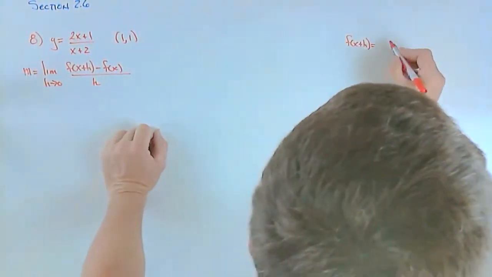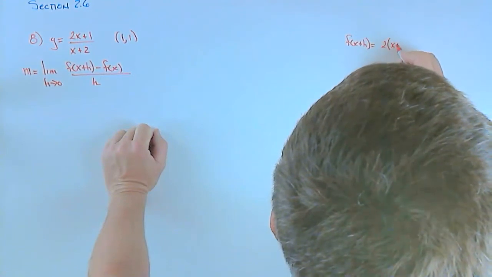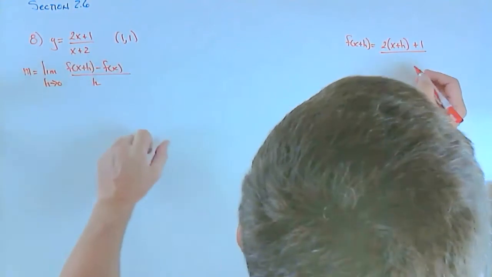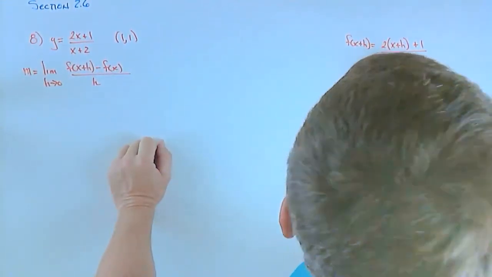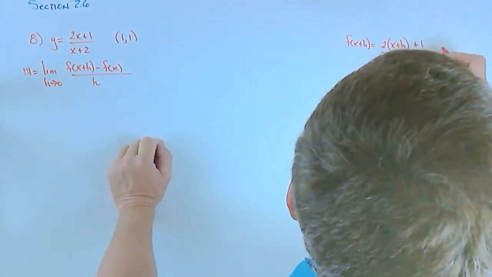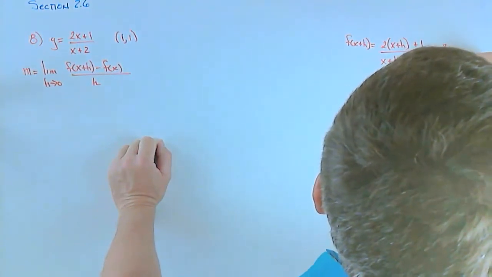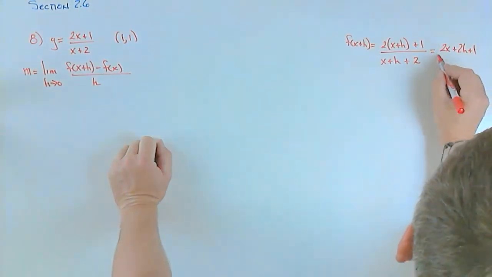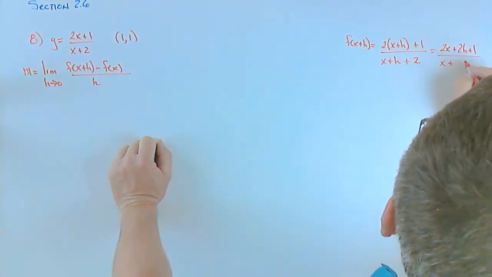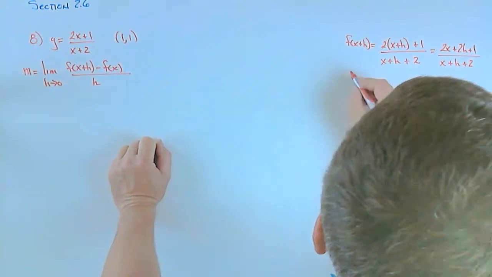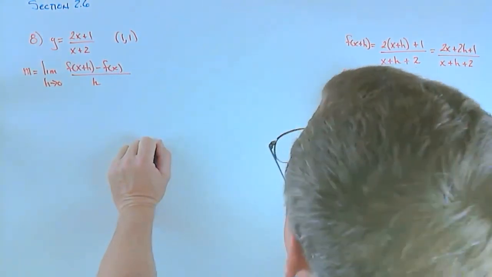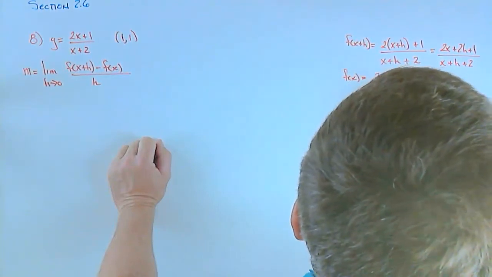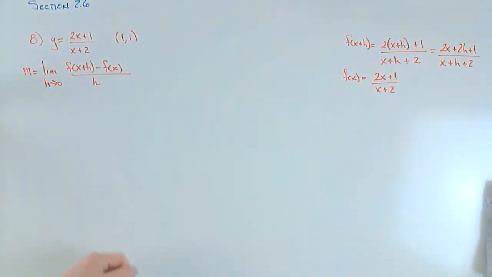Now, what is that going to be? That's going to be 2 times x plus h plus 1. Here I'm going to have x plus h plus 2. So that's going to get me 2x plus 2h plus 1 divided by x plus h plus 2. f of x, of course, is going to be 2x plus 1 over x plus 2. Now we're going to plug those in.